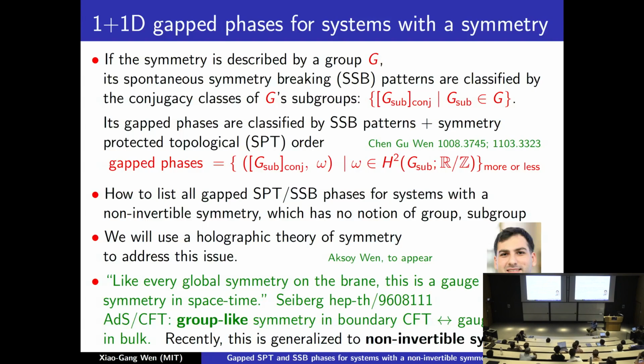More precisely, it is given by the conjugacy class of the subgroup. Also, this subgroup classification is not complete. There are some additional gapped phases, so-called SPT order, symmetry protected topological order, which are described by the cohomology of this unbroken symmetry group.